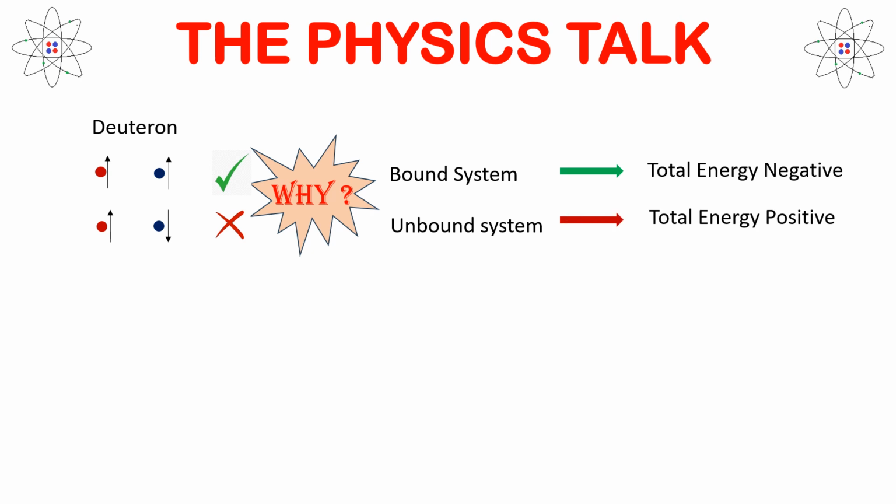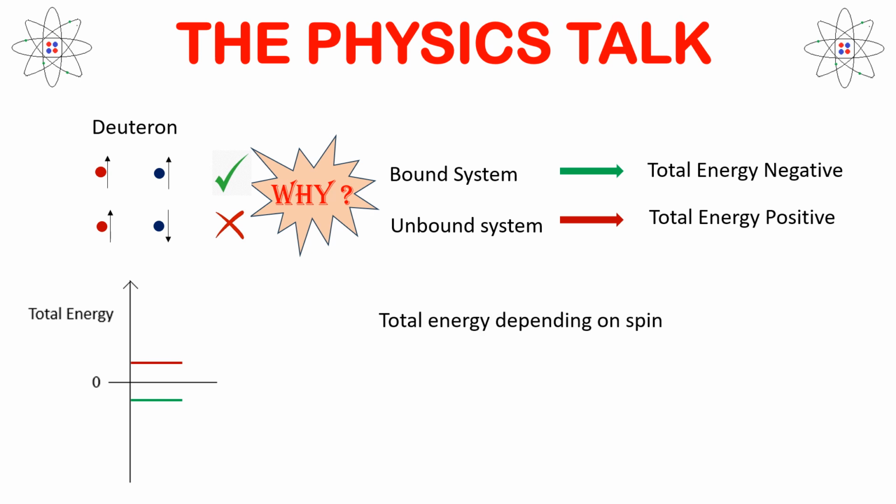If we look at the energy scale for parallel spin system, total energy of deuteron is below zero level, and for antiparallel spin system, total energy is above zero level. So finally, we have arrived at the point that shows that the total energy of the system is depending on how the spins of the two particles are aligned, parallel or antiparallel.